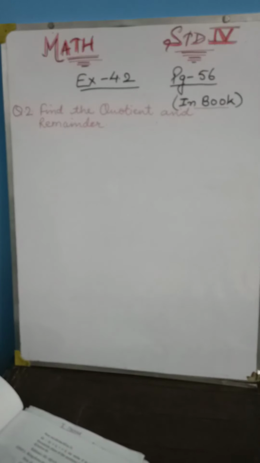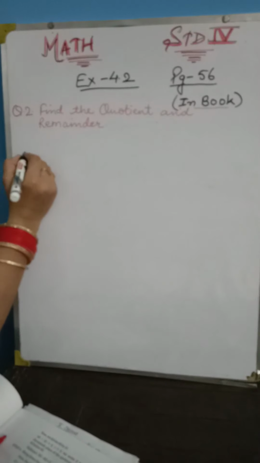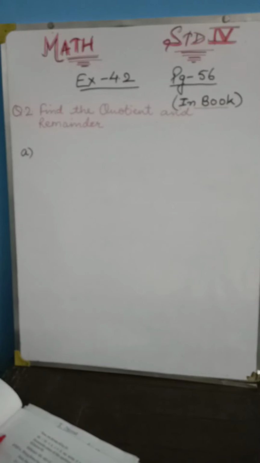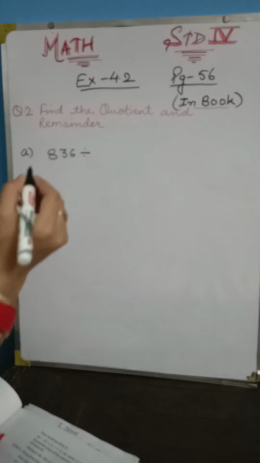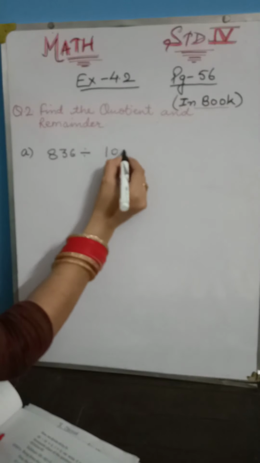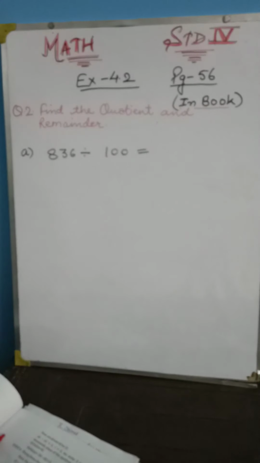Now let's start. One example they have already done in the book. The A part they have already done, so we will not start with the A part. Let's start with the B part. 836 divided by 100. Here we need to write quotient and remainder.